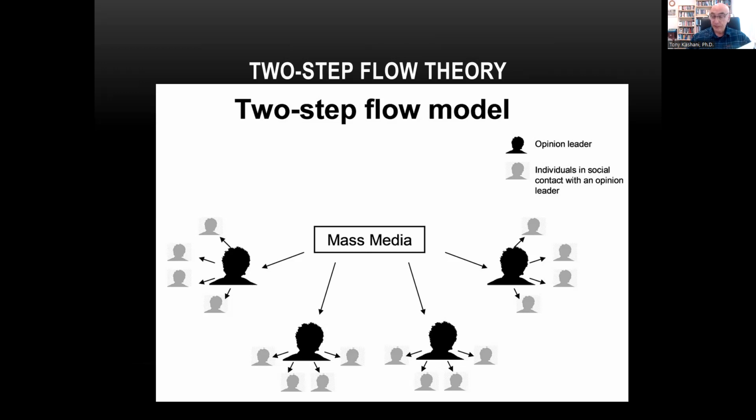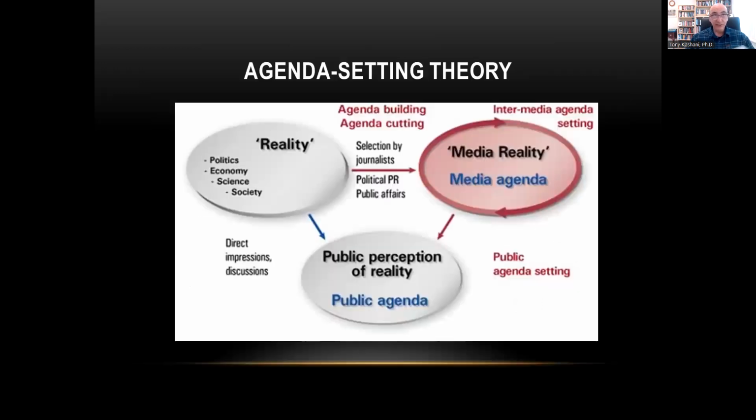Now, the other theory, the agenda setting theory, this is the one that I have researched over the years and have seen the evolution of agenda setting theory.